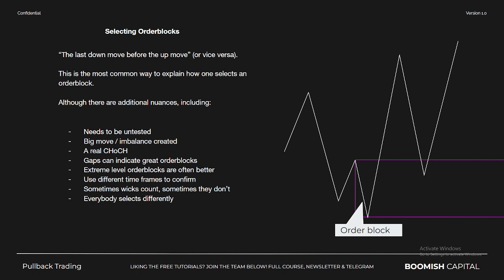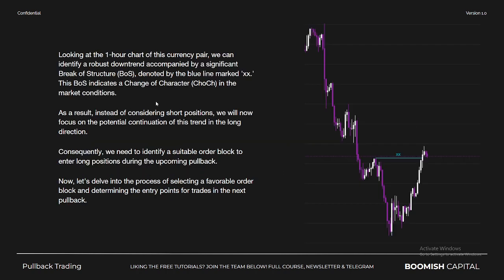It's going to have to become a feel for you how you like to select your order blocks and how you enter trades that are ultimately the risk to reward trades that you want to have, rather than bad trades where you enter too early or too late. So you're going to have to get a feel for order blocks by practicing them and seeing how you like to have your order blocks. Okay, so let's dive in further.